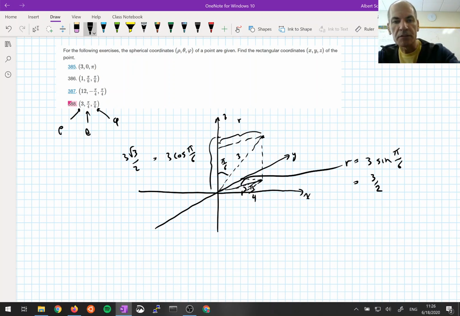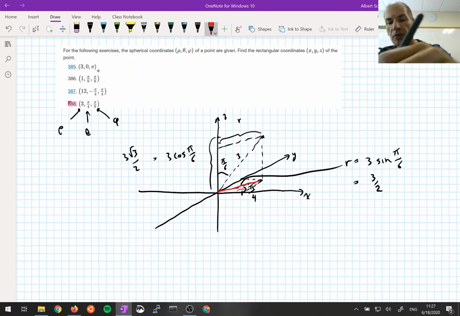And so what we know is this distance in here, which I'm going to highlight in red, has length 3/2. And it too is the hypotenuse of yet another right triangle that's lying in the xy plane and has this as its right angle.